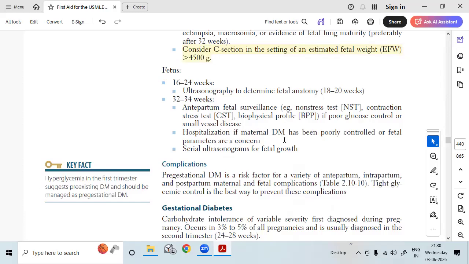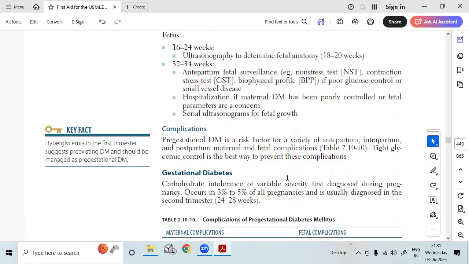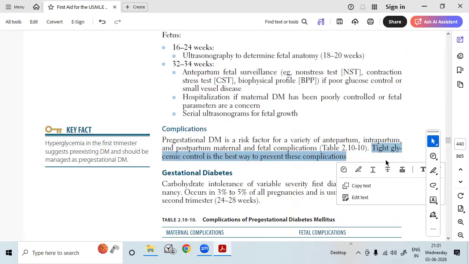Hospitalization if maternal DM has been poorly controlled or fetal parameters are concerning. Serial ultrasonograms for fetal growth. Pregestational diabetes is a risk factor for a variety of antepartum, intrapartum, and postpartum maternal and fetal complications. Tight glycemic control is the best way to prevent these complications.